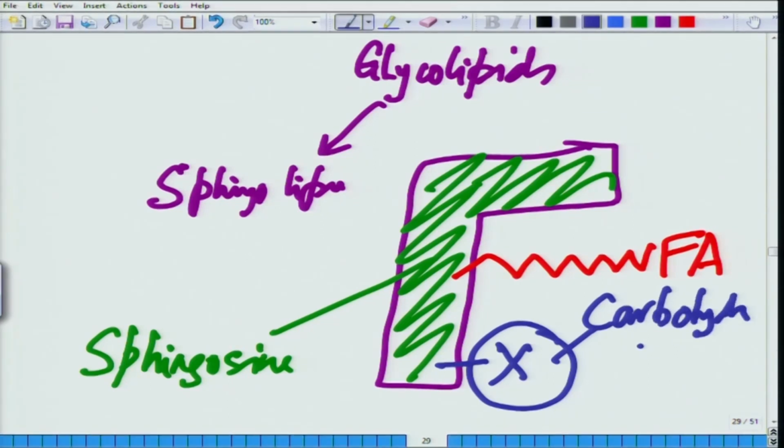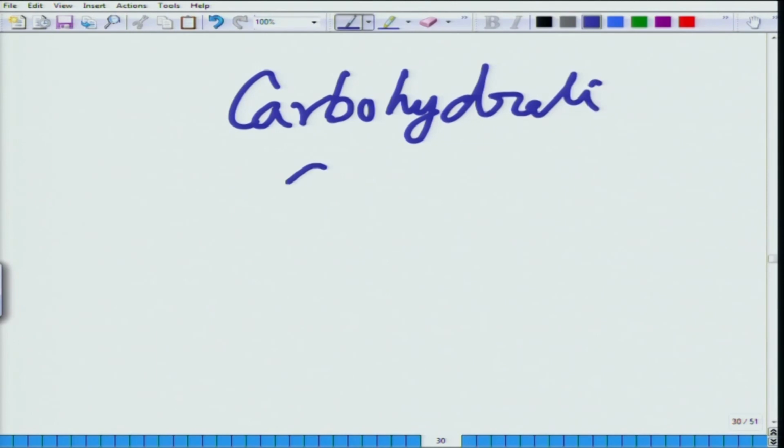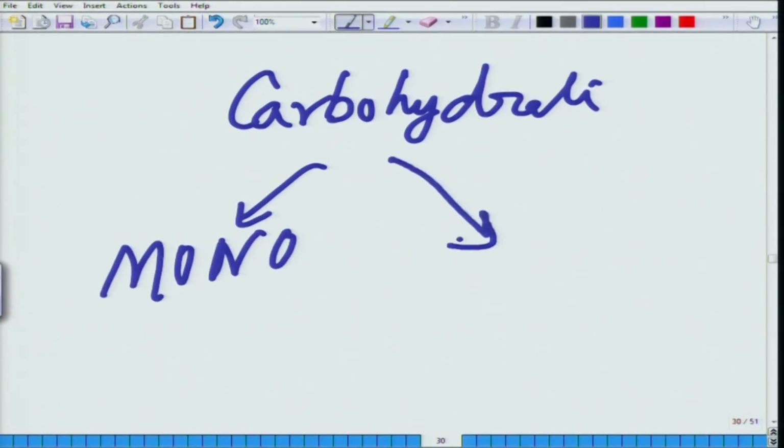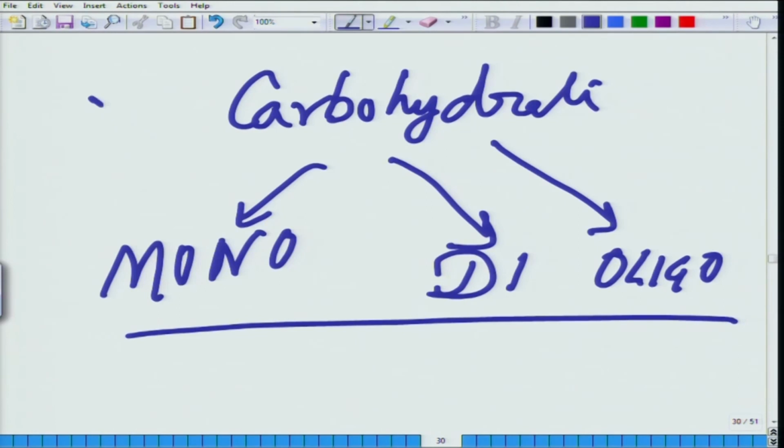It could be a monosaccharide, an oligosaccharide or a disaccharide. You remember in the previous class we talked about monosaccharide, disaccharide or oligosaccharide. It could be anything that X is equal to, and these are called sphingolipids under the category of glycolipids.